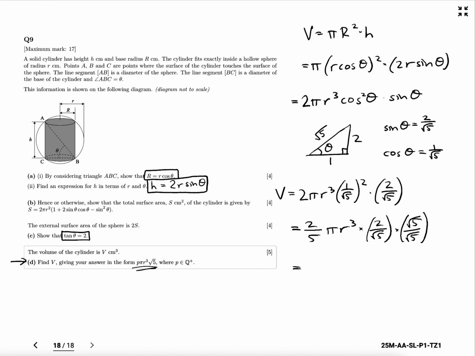And that means that this 2 we can multiply with that 2, so we have 4. And then in the denominator we have root 5 times root 5, which is 5, multiplied by 5 is 25. Pi r cubed, and then we still have a square root of 5. So that's the end of the whole paper.